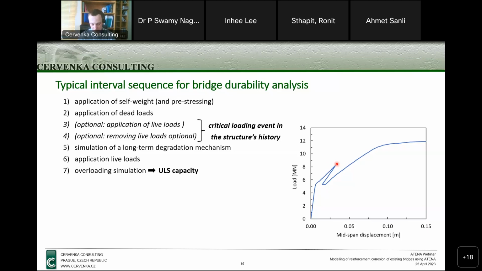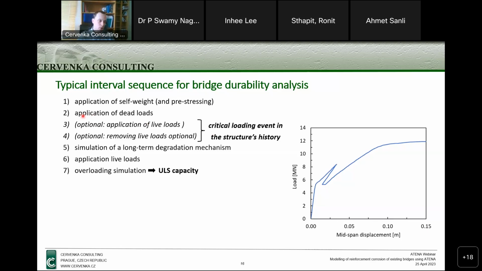Probably a good guess for the load level at which to apply the degradation mechanism is the self-weight and the dead loads. That's the state of the structure when the structure is mostly loaded.